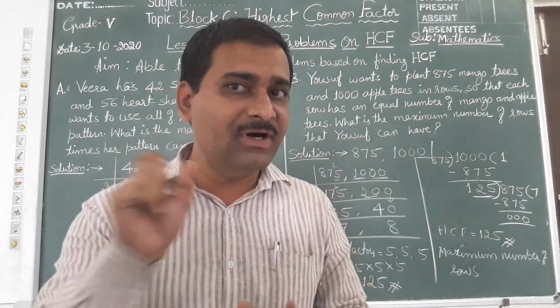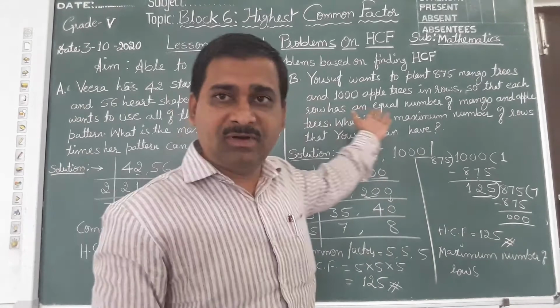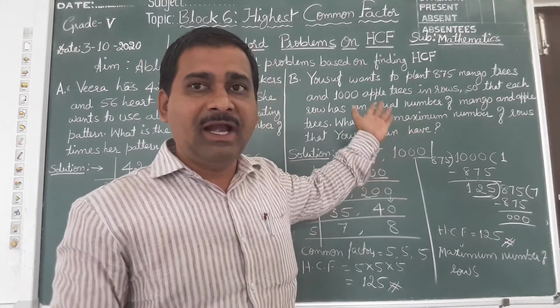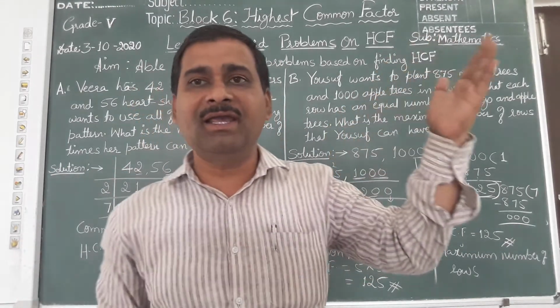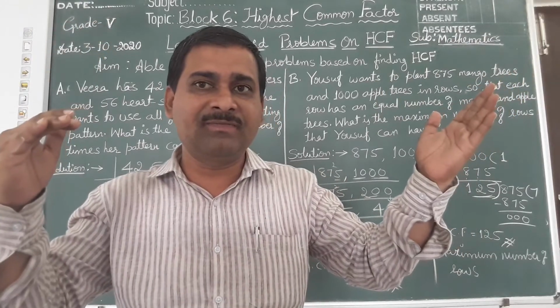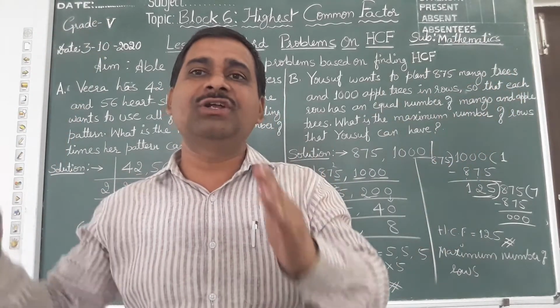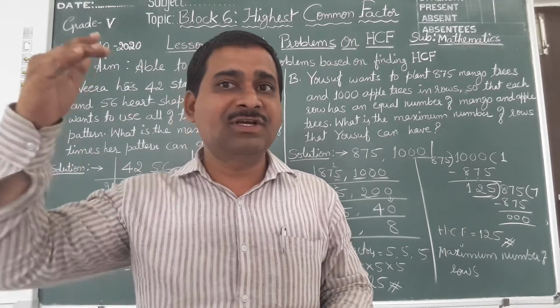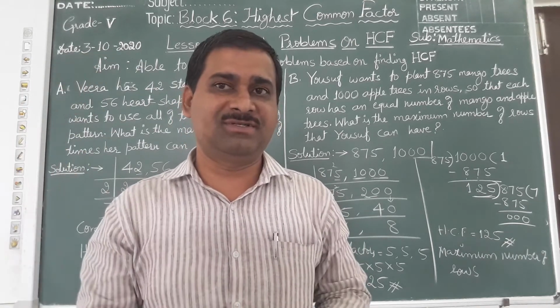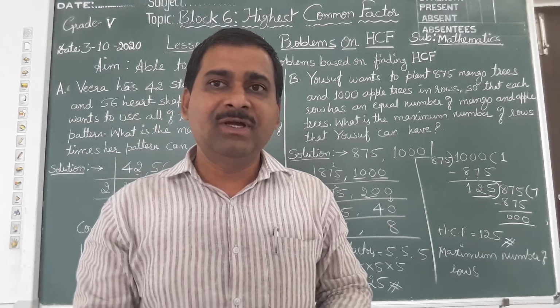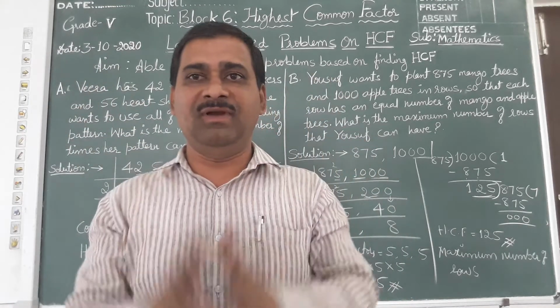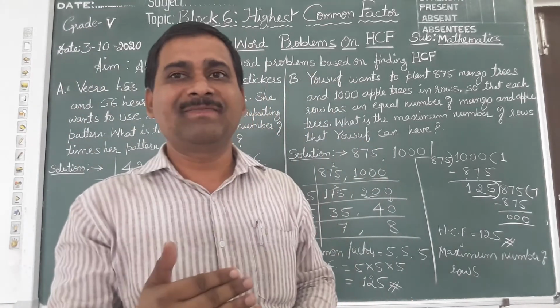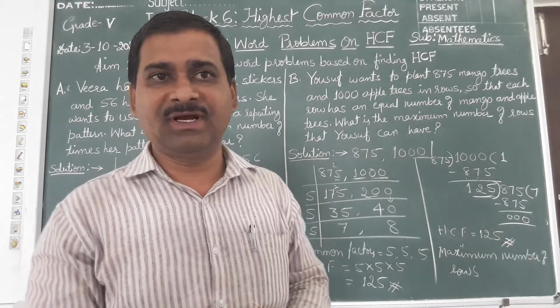Children, you can refer to these 2 word problems which I just explained, and you can refer to one word problem already given below in lesson number 4. And when you go to the additional practice of lesson number 4, there also you will find many word problems in finding HCF. Please refer to those word problems to create a word problem, right?